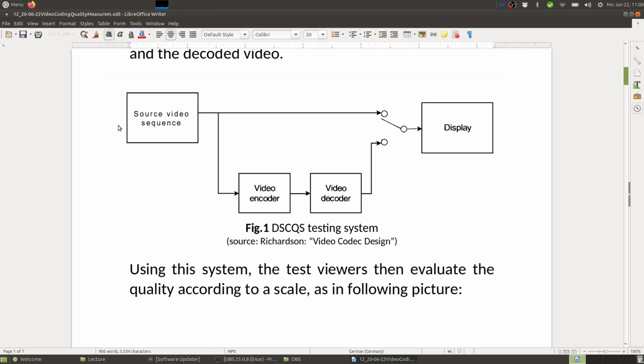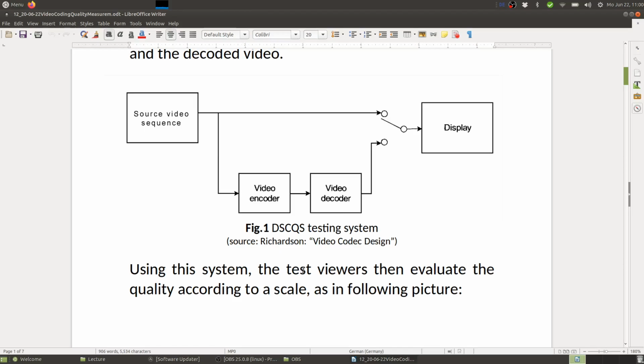Here we have a source video sequence which is to be encoded. Then we have this video encoder and the decoder, and on the display the person looking at it, the subject, can decide which one he wants to take a look at, and in this way can compare fine differences, something that might not be so obvious without a comparison.